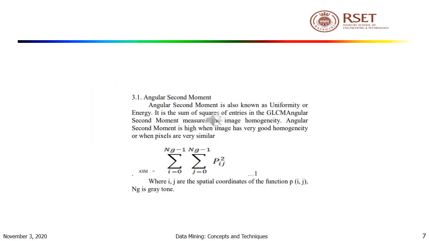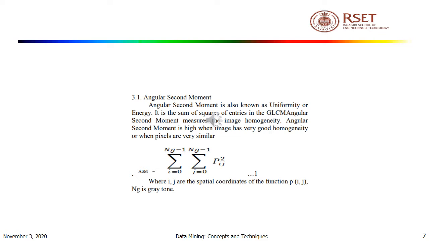The first feature is the angular second moment. Angular second moment is also called uniformity or energy, and it can be computed as the sum of the squared probability values of the pixels. Angular second moment is high when the image has very good homogeneity, or when the pixels are very similar.